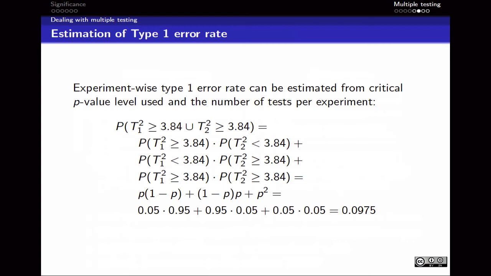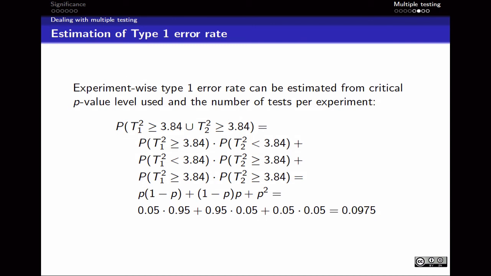The experiment type 1 error can be rather easily estimated from the critical p-value level used to reject the null hypothesis and the number of tests in the experiment.